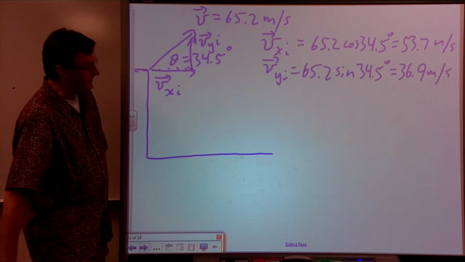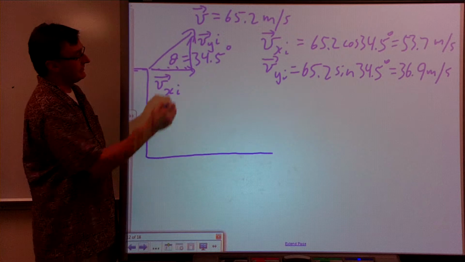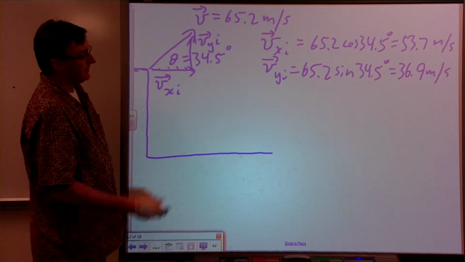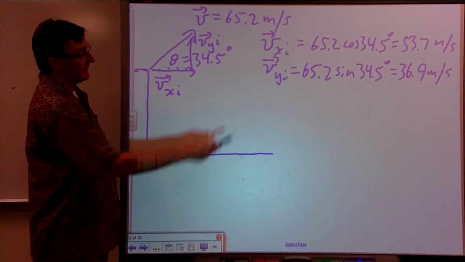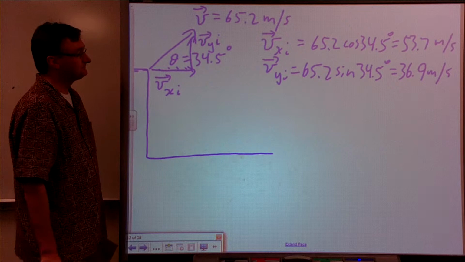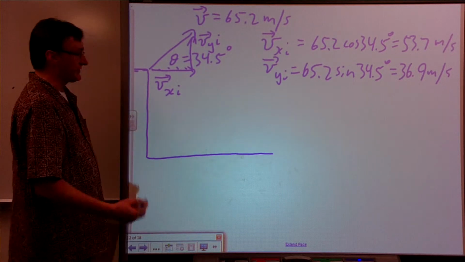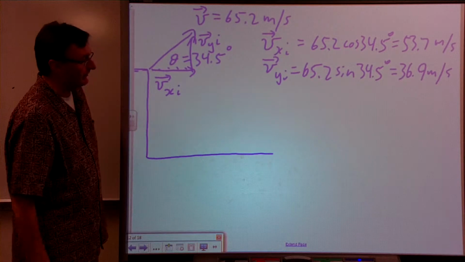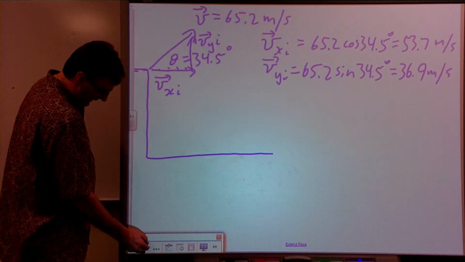Then we can determine the y component of our initial velocity, which is simply 65.2 sine 34.5 degrees. So there are our initial velocities in the x and y directions. So we have those components, and now it's just a matter of determining what the velocity is in the x direction and in the y direction at 1.5 seconds.